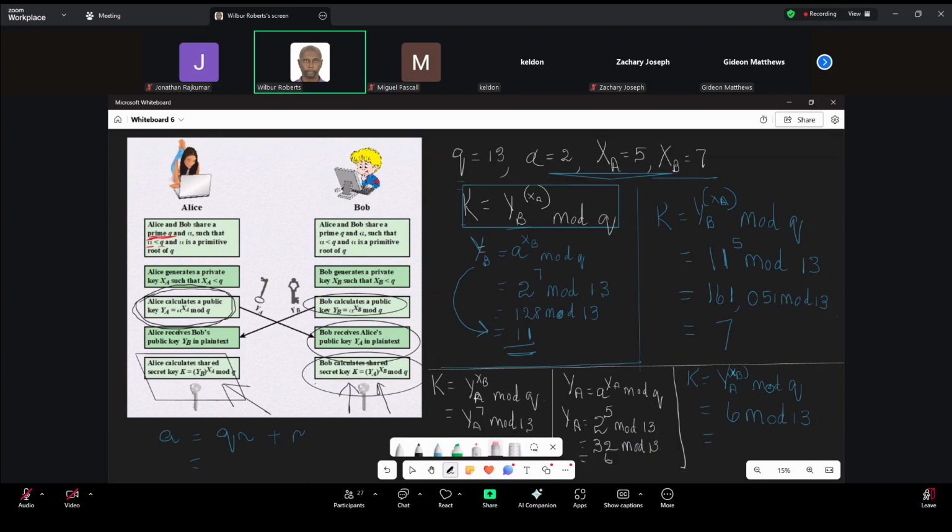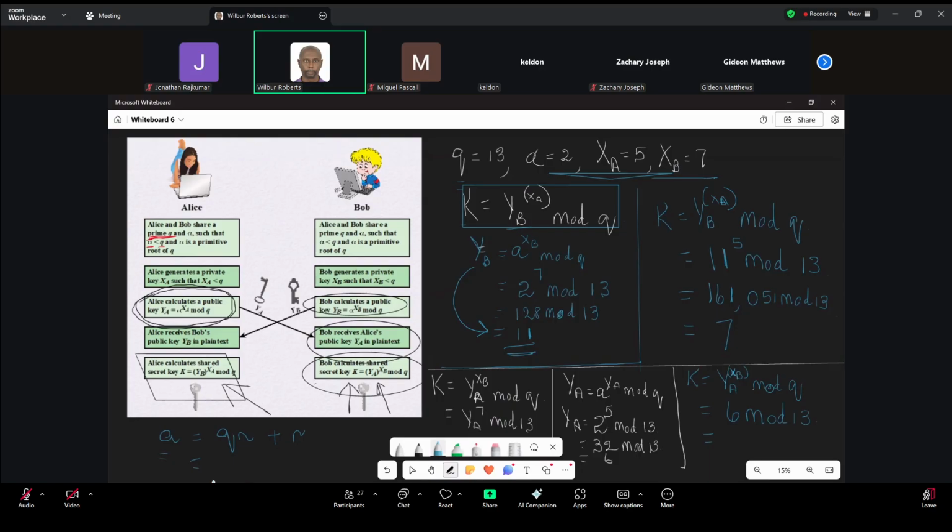So we say A is equal to Q by N plus R. What is Q in this case? And 13, what is N? So A is the unknown, right?